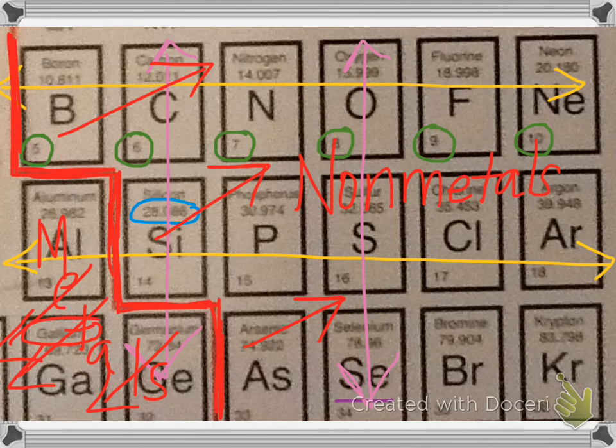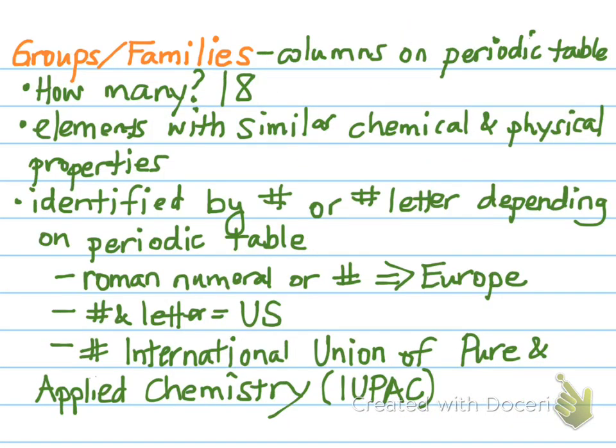So what we're talking about here is that oftentimes silicon is considered a metalloid. Sometimes arsenic is, because they're touching that heavy stair-step line. So typically metalloids are going to be elements that are touching that heavy stair-step line. They can really be on either side of it.